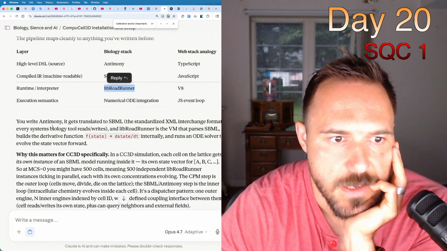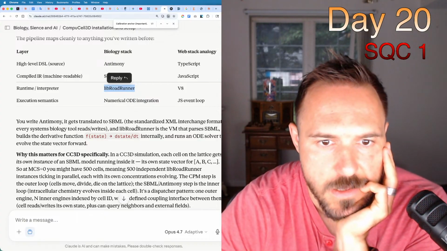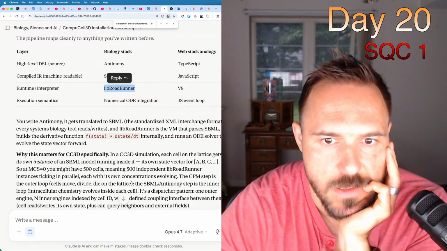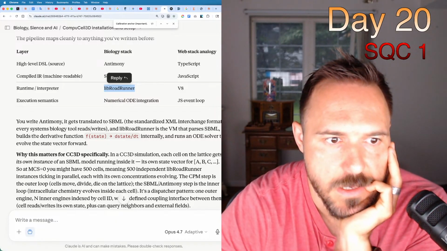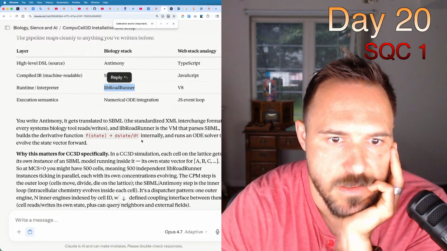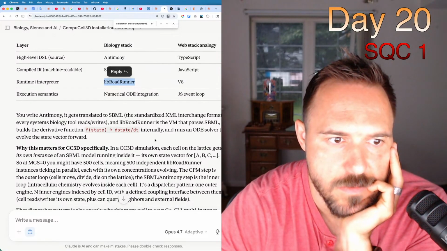You write Antimony. It gets translated to SBML, the standardized XML interchange format that every systems biology tool reads and writes. RoadRunner is a VM that parses SBML, and it reads the state when the solver evaluates the state going forward.